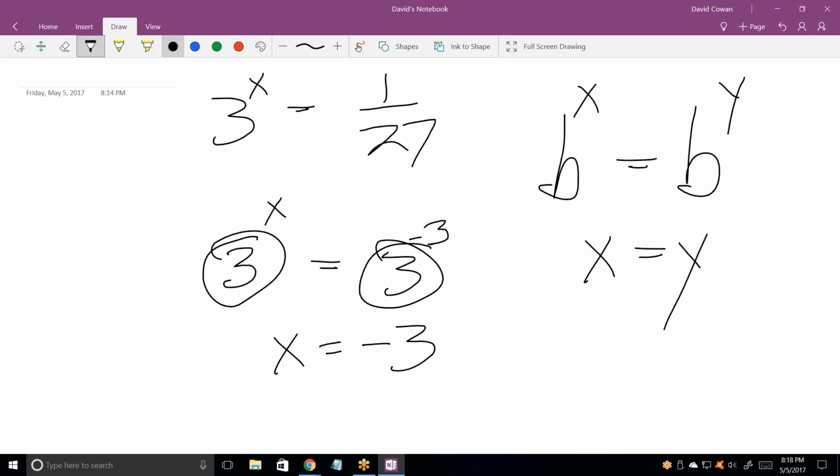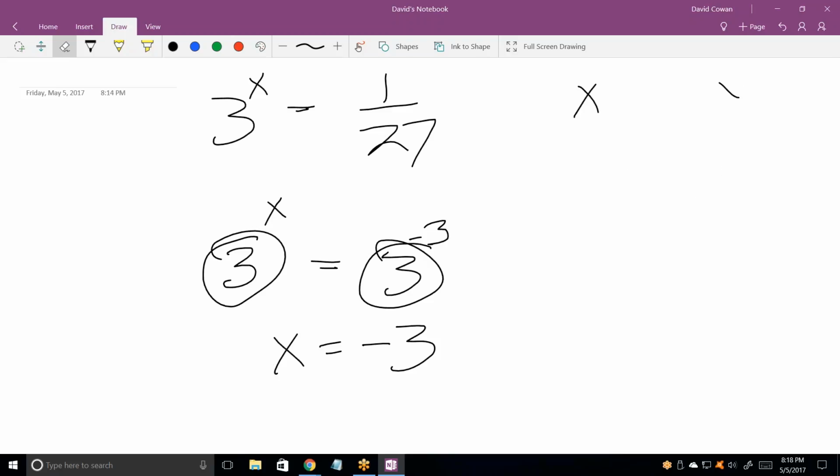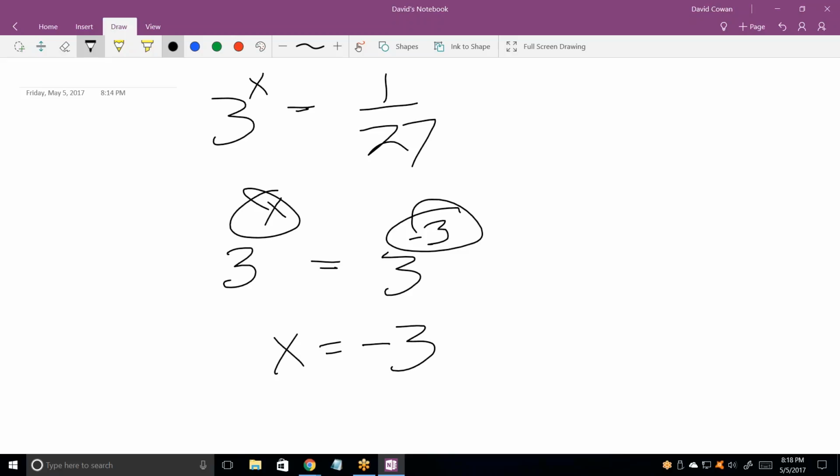So when you get the same base with different exponents, the next step is to equate the exponents. And when you do that, you solve it instantly. In other words, x is equal to minus 3, because that is equal to that.